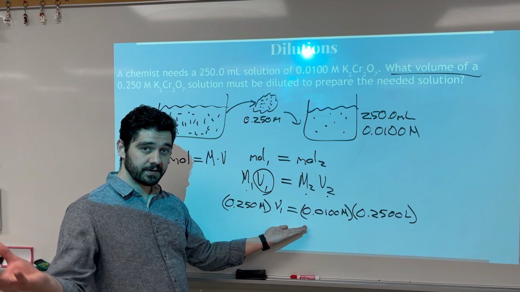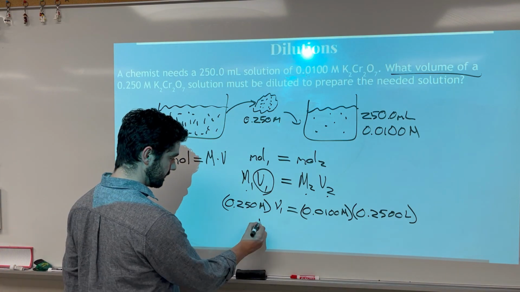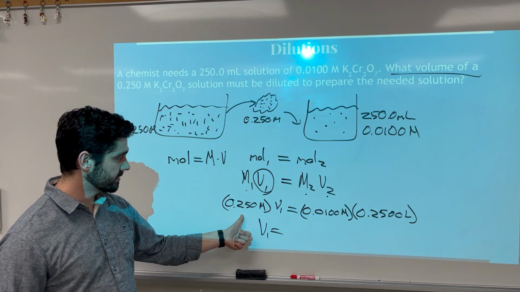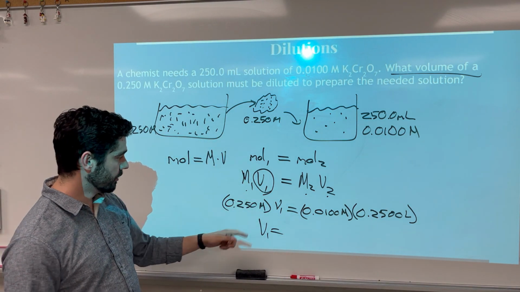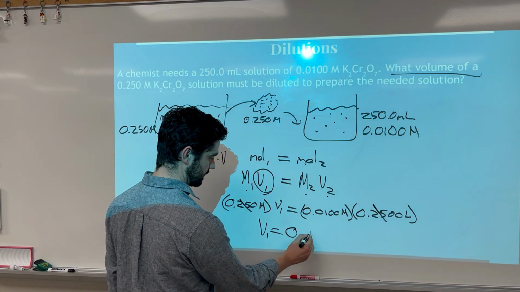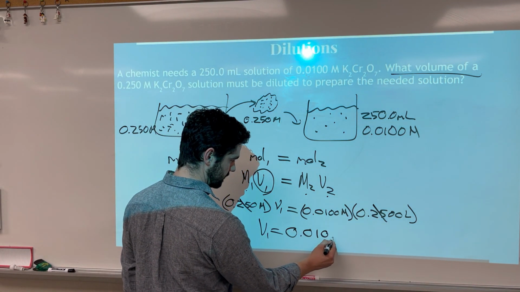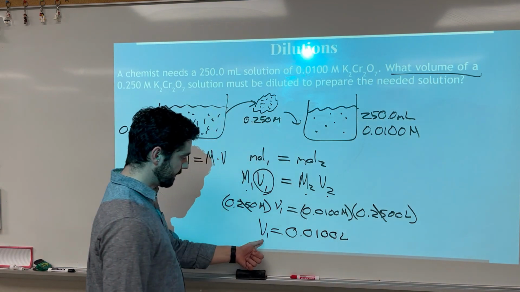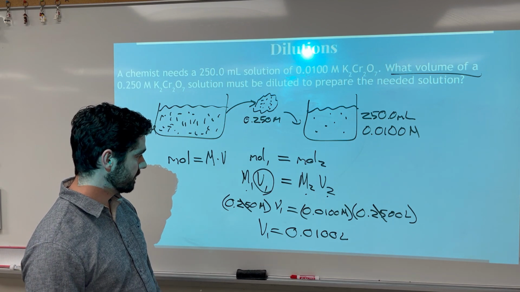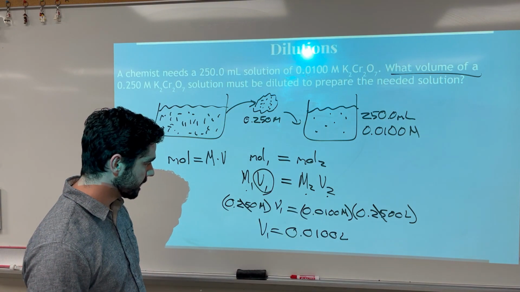Okay, so check it out. Now I have an equation that I can solve. V1 equals this times this divided by this. Okay, and you'll notice these two numbers are actually the same number, so this is actually a really easy problem to solve. Okay, my volume is going to have units of liters. Okay, so molarity cancels and I have liters left over.